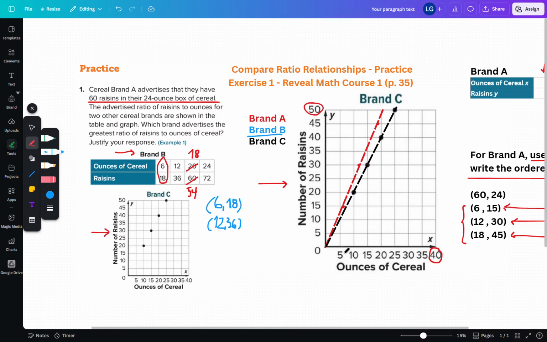So 6, 18 is gonna be here. 6, 18. 18 is almost here. It's almost there. And the next one is 12, 36. 12 is almost on this part of the x-axis. And 36 is a little bit up of 35.